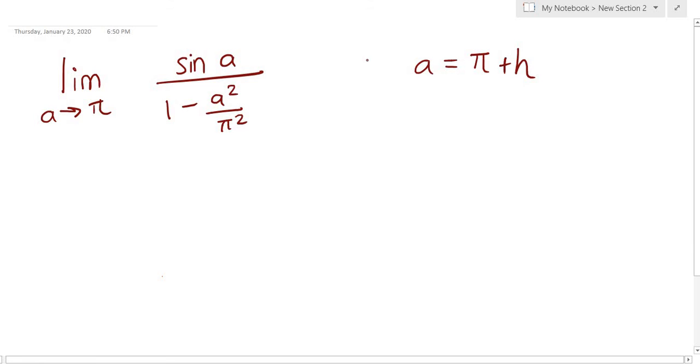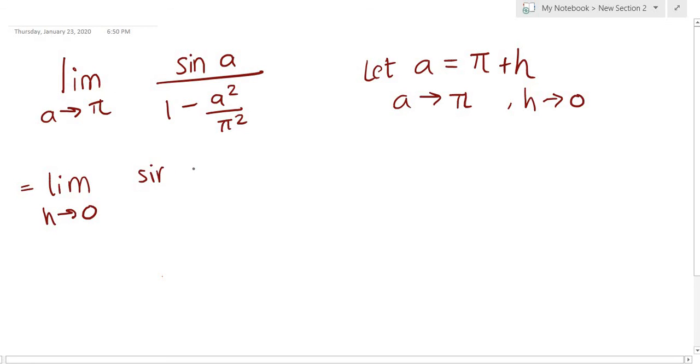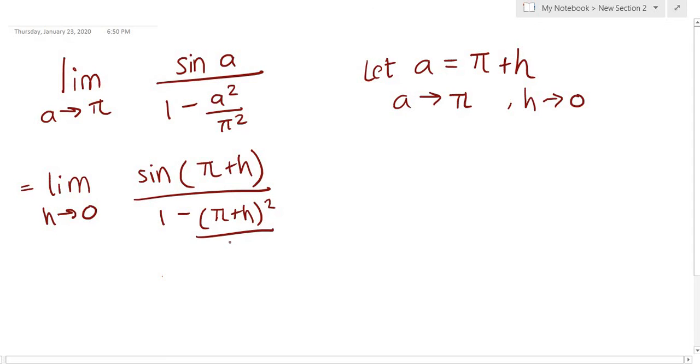So let a equal pi plus h, because when a approaches pi, h approaches 0, and we can totally write our question as the limit as h tends to 0 of the sine of pi plus h all over 1 minus pi plus h the whole squared by pi squared.